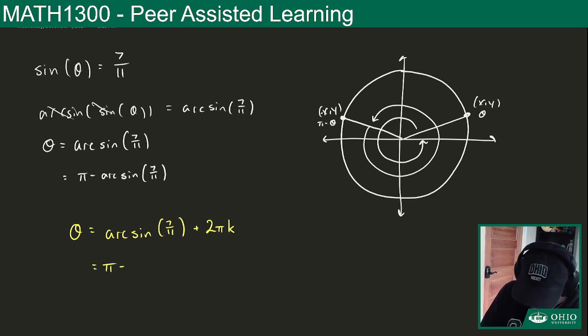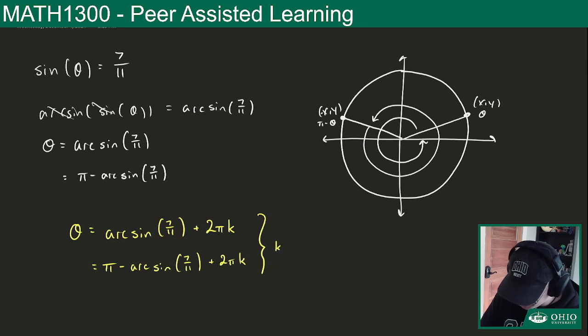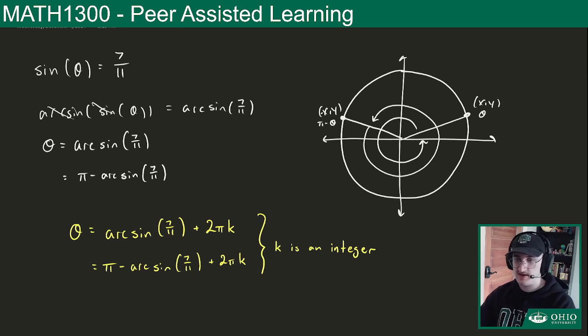And same thing over here: pi minus arcsine of 7 over 11 plus 2 pi times k. In these cases, I want to specify that k is an integer. These solutions look pretty horrendous, but this is, in fact, the valid solutions to theta.